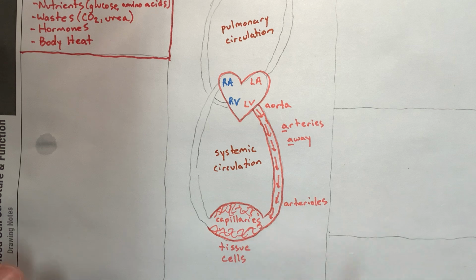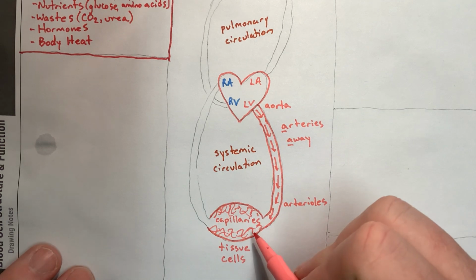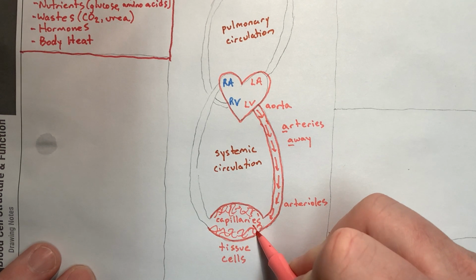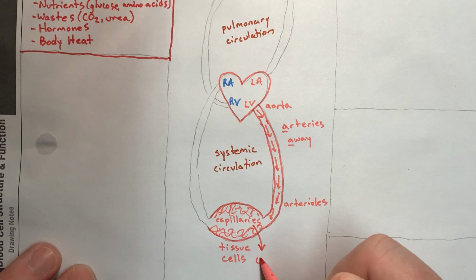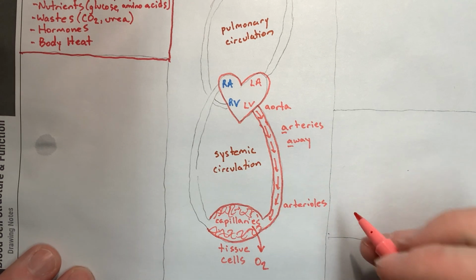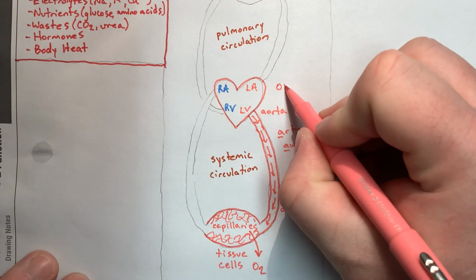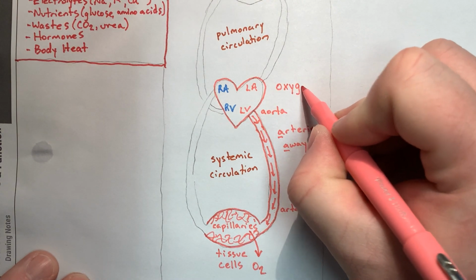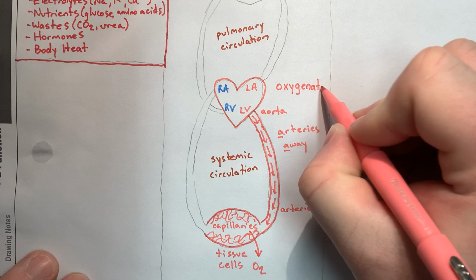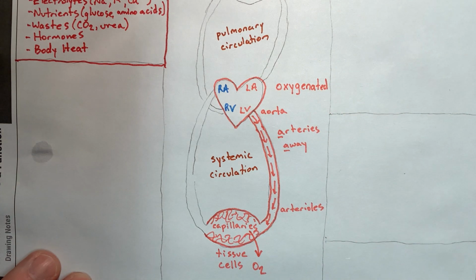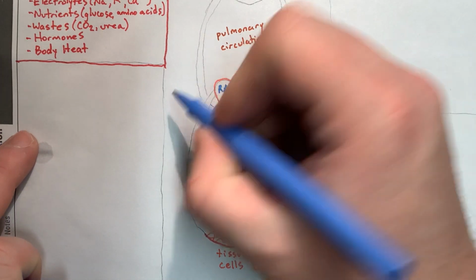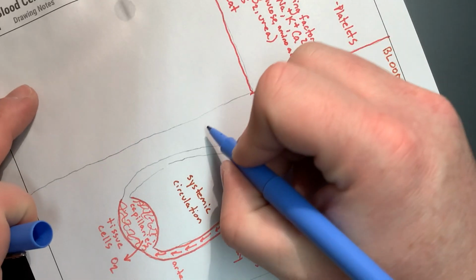Now, what happens in the capillaries is this is where your red blood cells will drop off that oxygen. And your blood switches from being considered oxygenated. That's why I drew it in red over here. And it goes to be where it's considered deoxygenated. I'm going to draw that in like this.